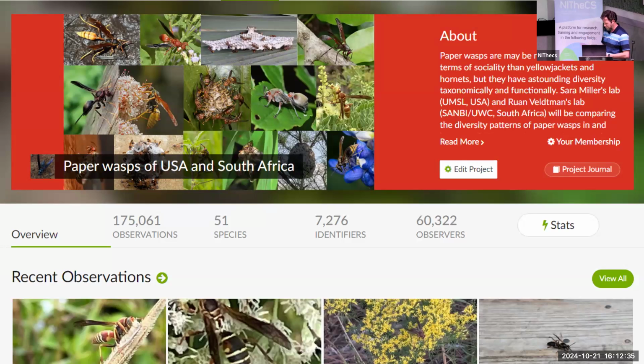That's the rationale behind it. What I've put in the filter here is all paper wasps, the subfamily Polistinae, and it's a decent size: 175,000 observations, 51 species, lots of observers, and also a good number of identifiers.